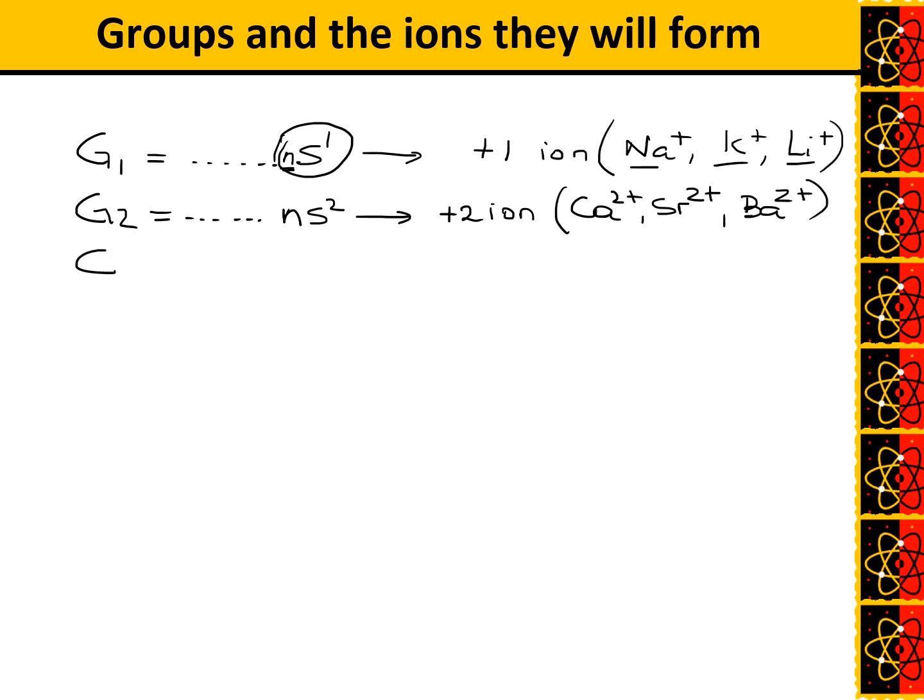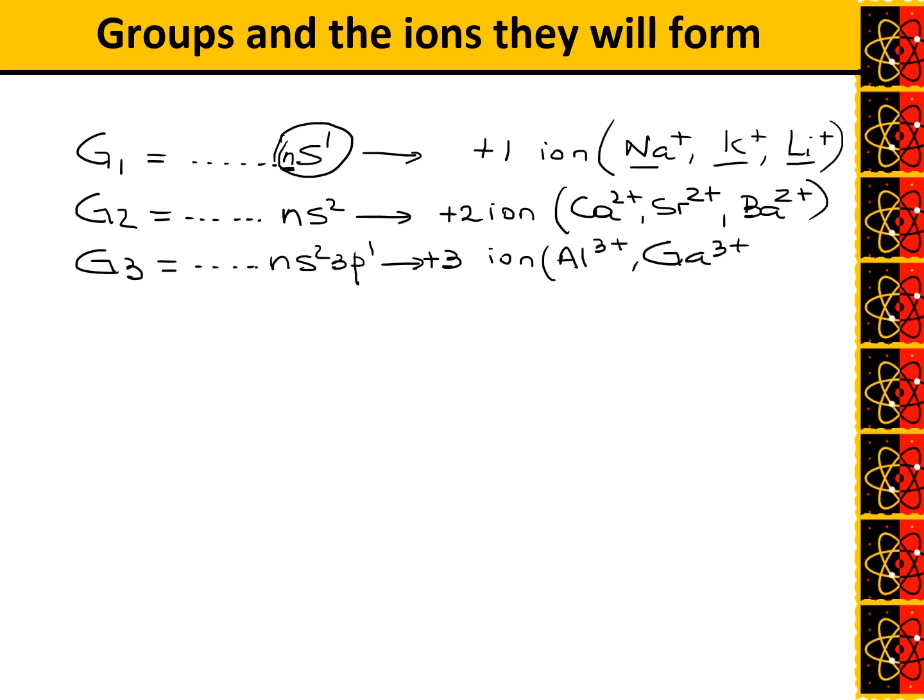And then in the group 3, they are going to end in NS2 and P1. They are going to form the positive 3 ion, like aluminum 3+, or gallium 3+. There are more, but I'm going to give you only those examples.